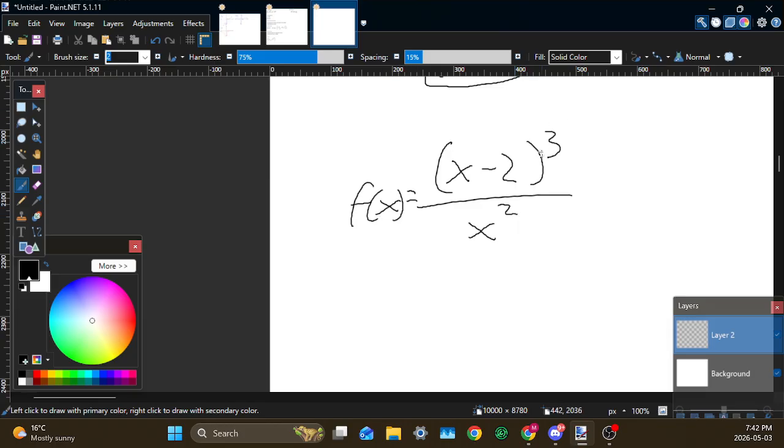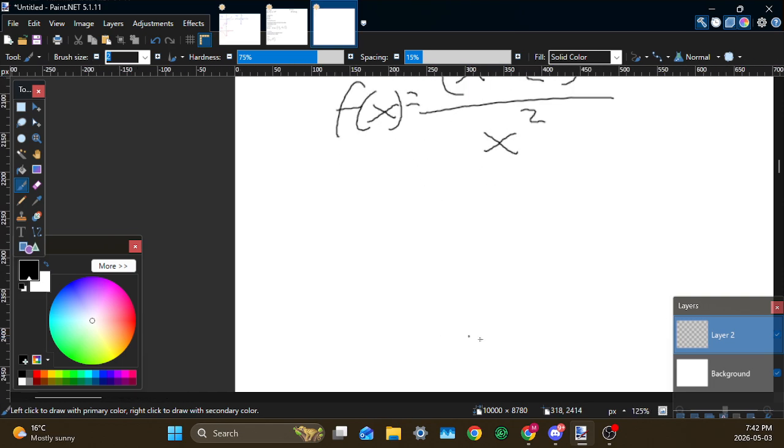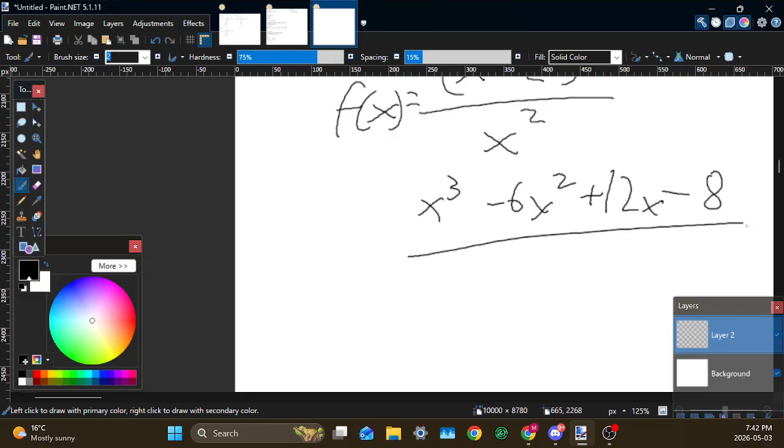This is 1 degree higher than the one below it, which means that we have a slant asymptote. The expanded form here is going to be x to the 3 minus 6x squared plus 12x minus 8 over x squared.